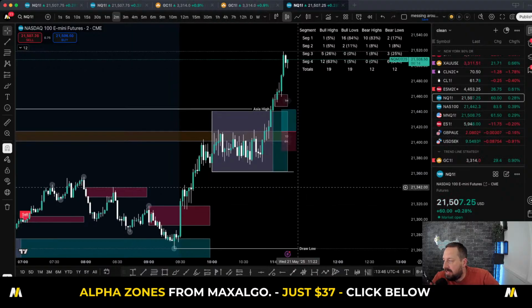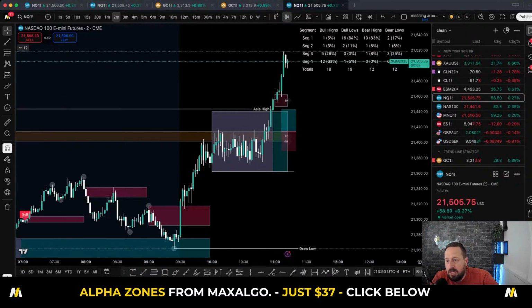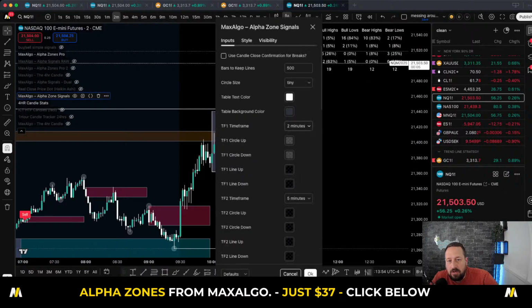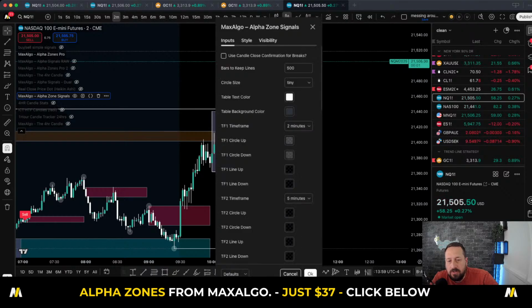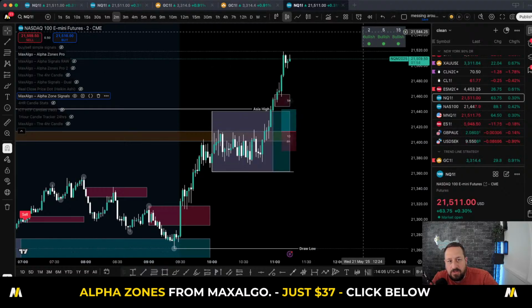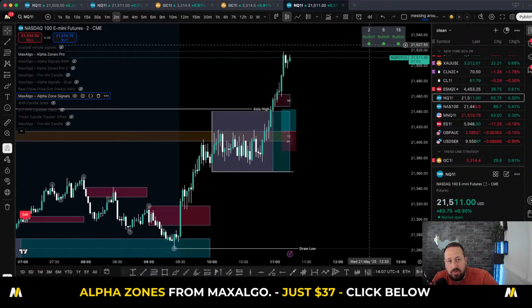And then we've also got an SMC toolkit as well. That'll be coming soon with our market structure, which we've got a little bit of built into our signals, right? So we've got 3 levels of market structure, which if I turn on tables, you can see our 3 levels. We're using 2, 5, and 15. Our bullish, bullish, and bullish.